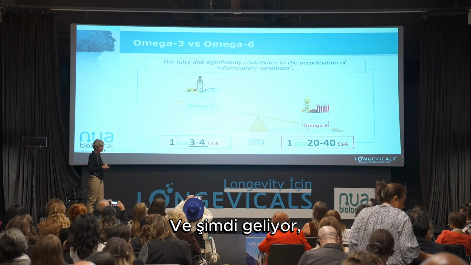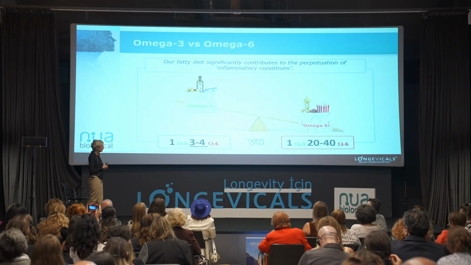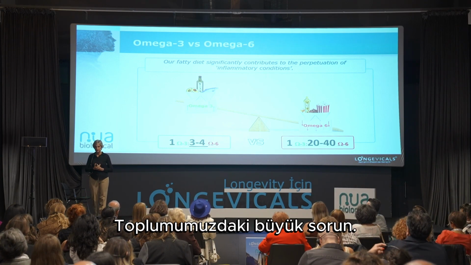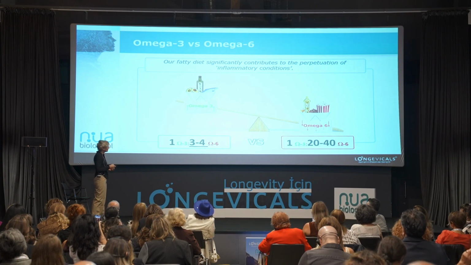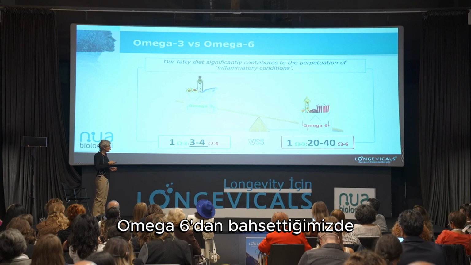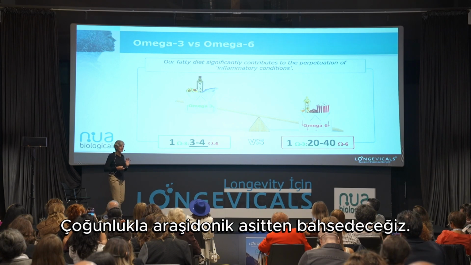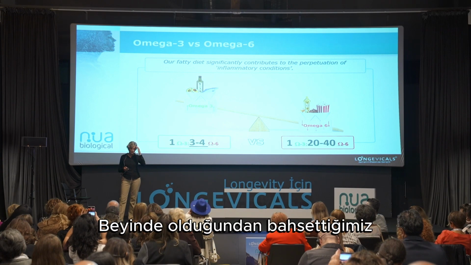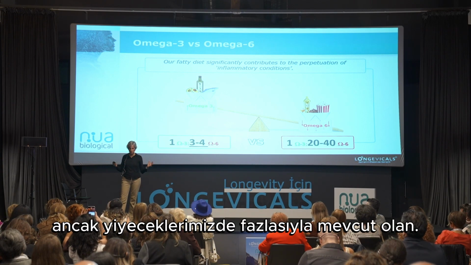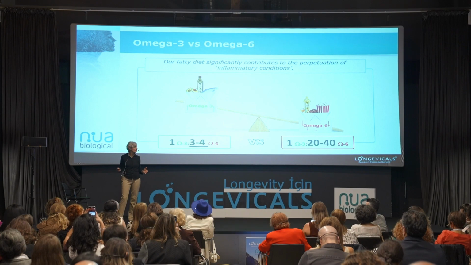And here comes now the big problem we have in our society, okay? When we talk about omega-6, we're mainly going to talk about arachidonic acid, the one in the brain, but that is so much present in our food.